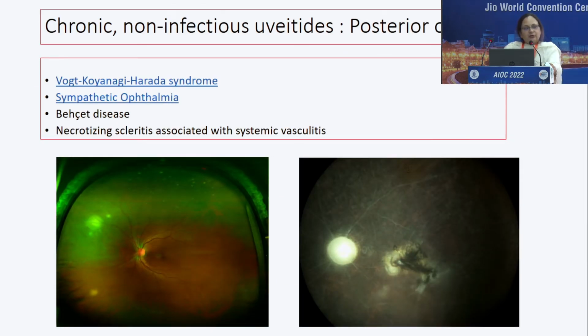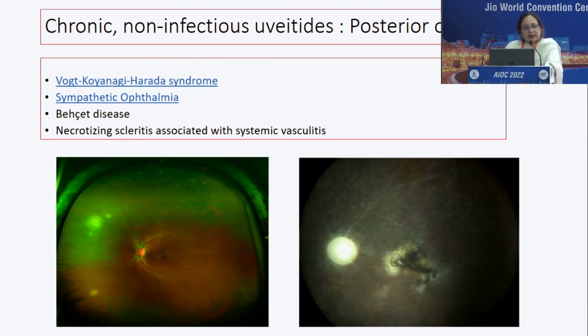Now we come to the third category, which is posterior uveitis or panuveitis, and these are conditions like VKH, sympathetic ophthalmia, Behçet's, and necrotizing scleritis. These are conditions which are going to have multiple episodes and recurrences, leaving a lot of morbidity and maybe mortality in patients like Behçet's.